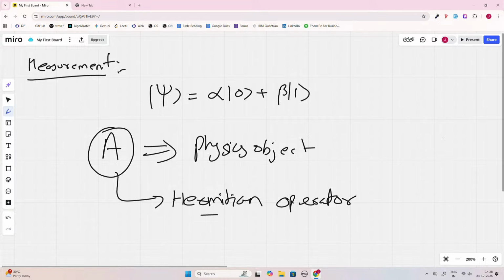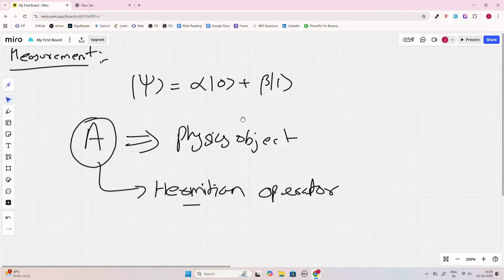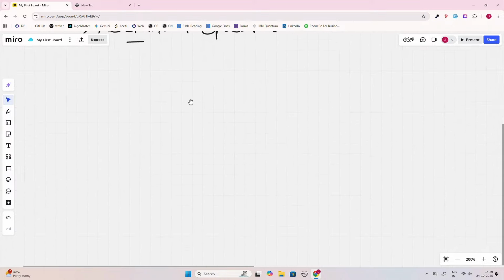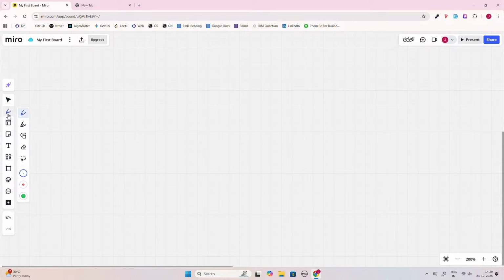What is Hermitian? Does anyone remember Hermitian? Correct. Complex conjugate equal to same. So let me just move this thing. So what do you mean by this complex conjugate? Very simple. First, I will create a random matrix M. There is no relation between this and the entire topic of what I'm talking about.